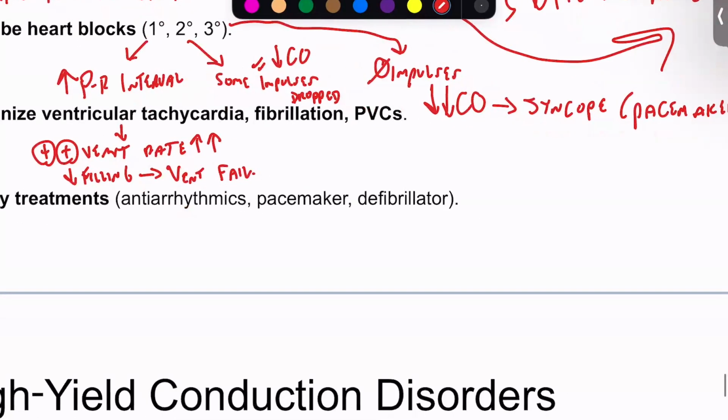Ventricular fibrillation, so it's where they're quivering. There's no coordinated contraction how there should be. Because of that, we have no cardiac output, and that gives us cardiac standstill. So we need immediate defibrillation.